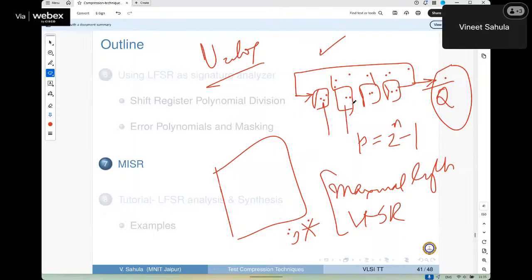You write the 1 bit D flip flop, call it so many number of times, call XOR gates here for addition and connect it. That's all. Then you start with some initial pattern in the LFSR flip flops and observe the output Q. That will be the sequence of length P. It will repeat after that period P, right?